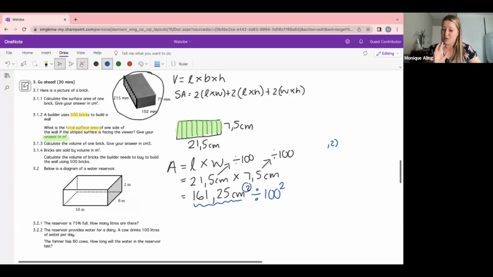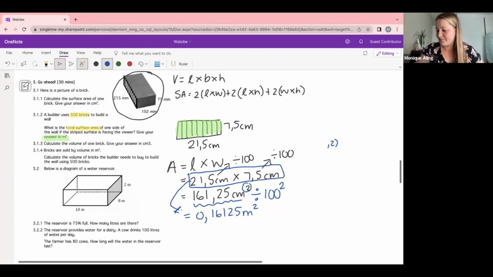This is a little bit more complicated than the original. We should have converted beforehand. That will give us an answer of 0,16125 meters squared. But if you convert it in this step and then multiply, you would still get the same answer.